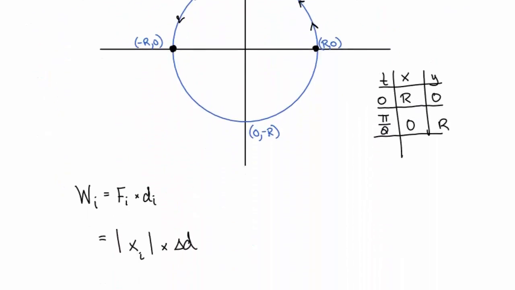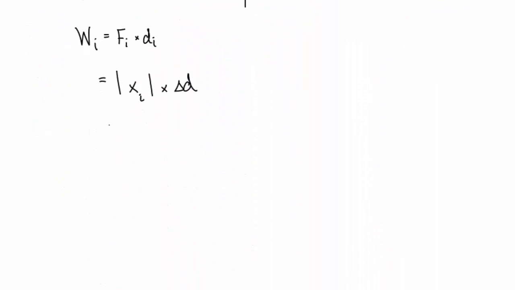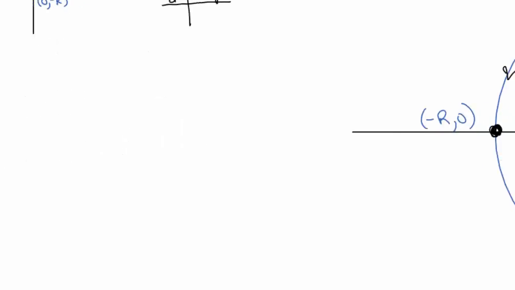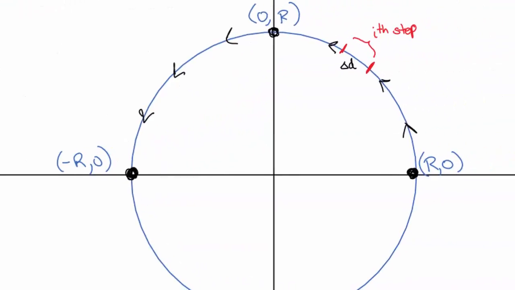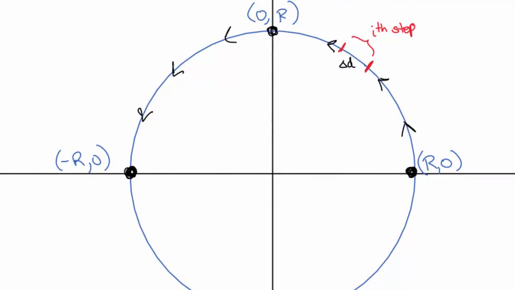So I'll scroll down here, and I'll replace this absolute value of x sub i with an absolute value of r times the cosine of t sub i, where t is just, we don't know what time it is, but it's some random time in that step period. So t sub i is some clocked time value that occurs within this arced range.